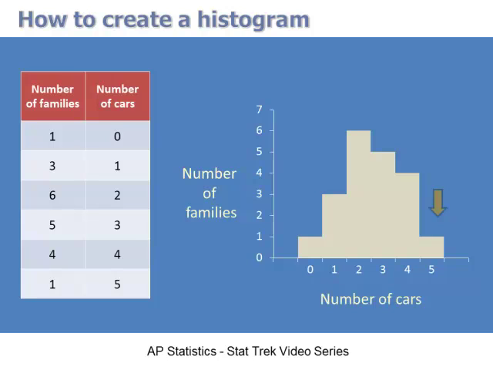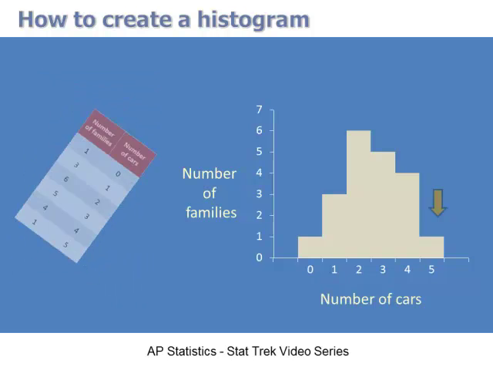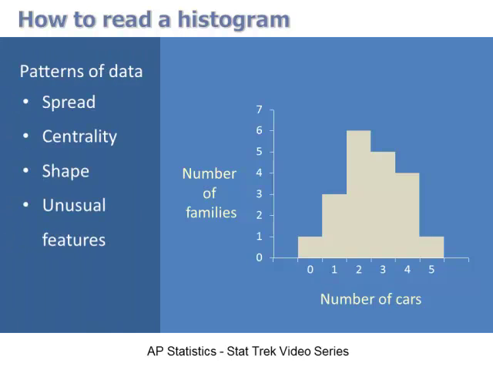Recall that patterns of data with quantitative variables can be interpreted in terms of 4 factors: spread, centrality, shape, and unusual features. In terms of spread, we would say that car ownership ranges from 0 to 5 cars.